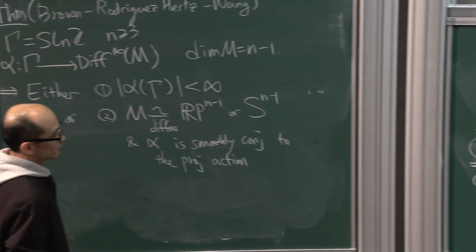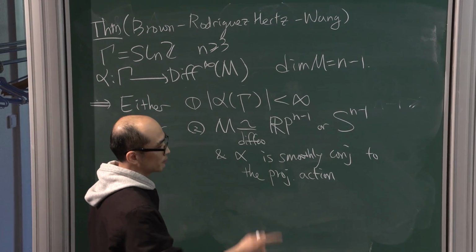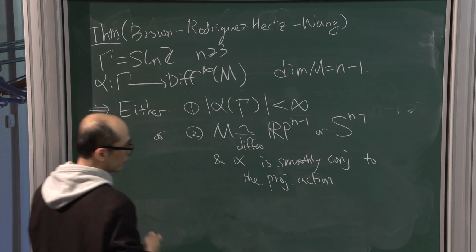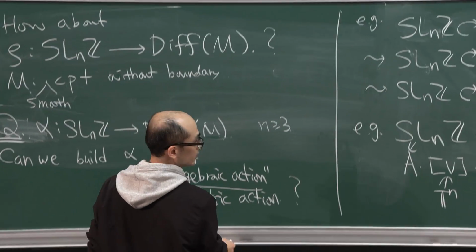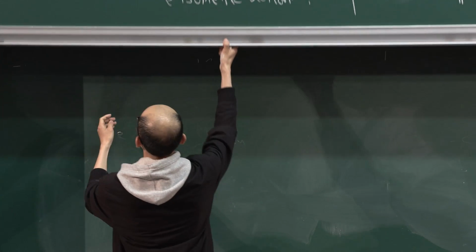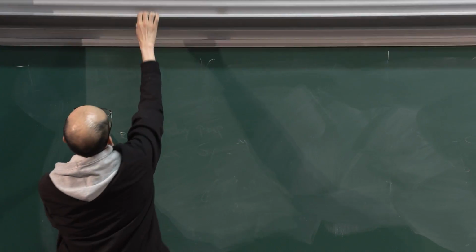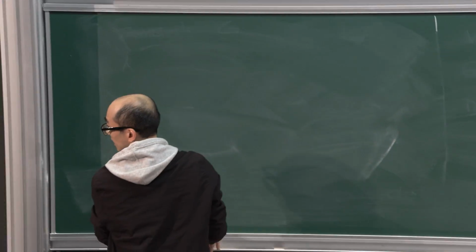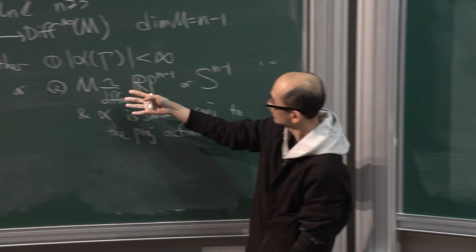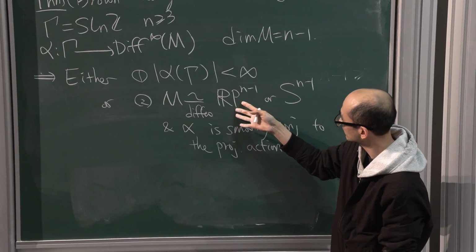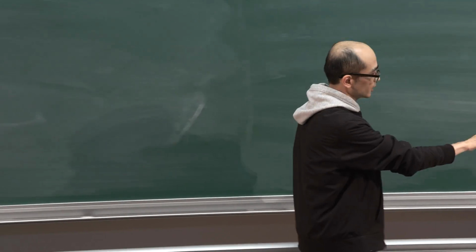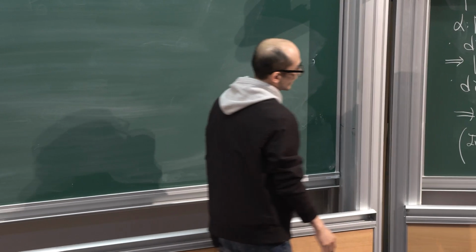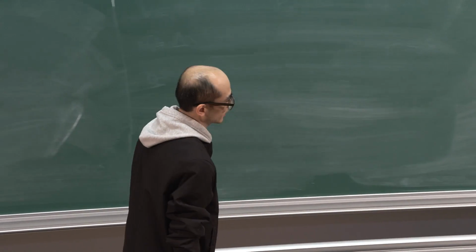But now before going to some measure rigidity, I want to add one more theorem in this direction. If you think about the action on the projective space, which is the projective action, or the trivial action, which is coming from the isometric action, then in terms of the complexity of the dynamics, it's really not complex.